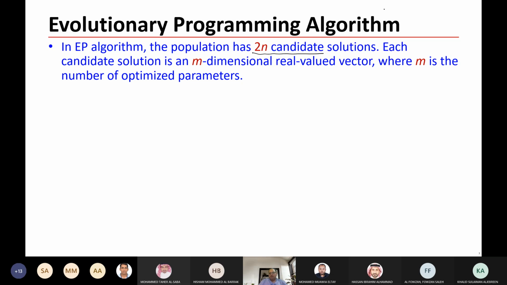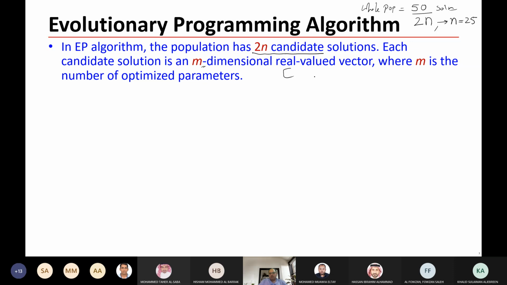For example, if the whole population is 50 solutions, these 50 solutions represent 2n, so here n equals 25, and n is half of the population. Each candidate solution, of course, represents an m-dimensional real-valued vector.